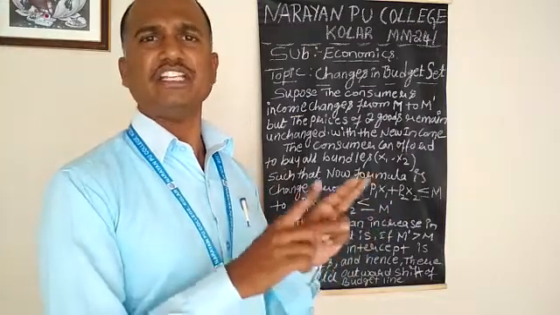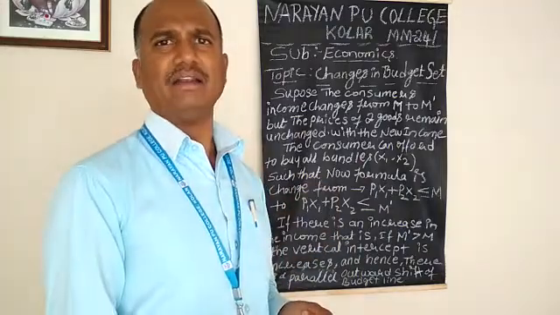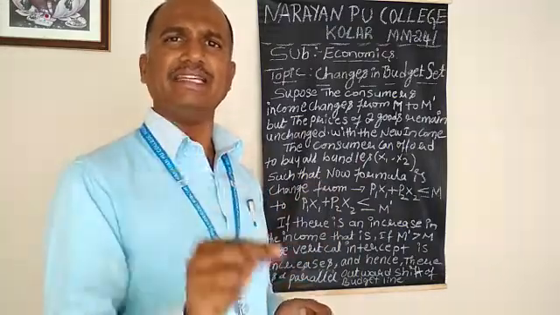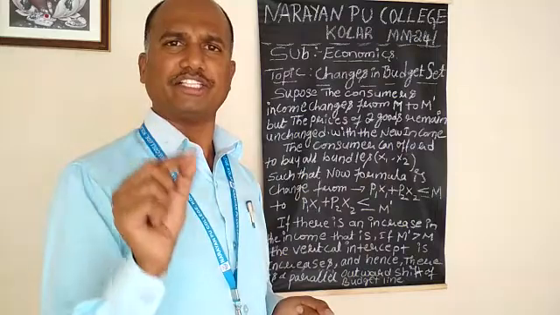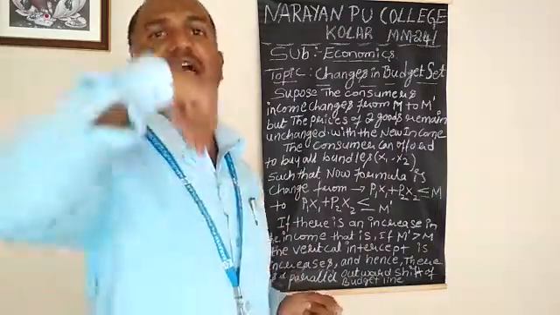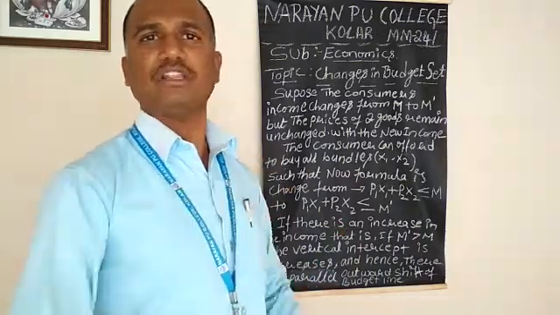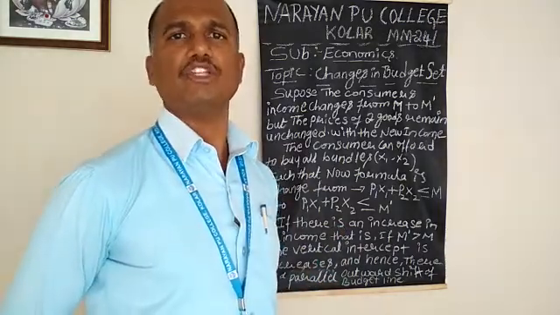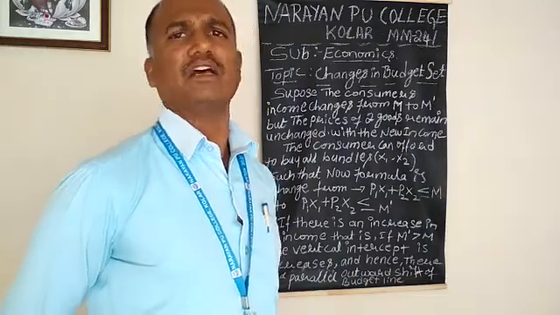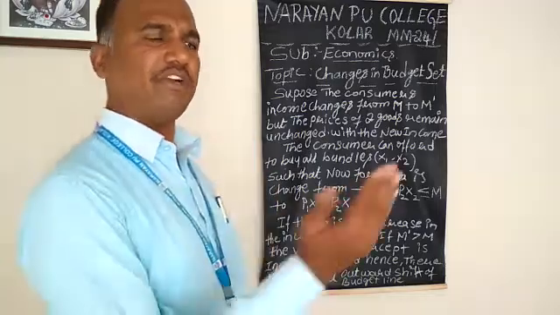Note that the slope of the new budget line is the same as the slope of the previous budget line, even with the change in the consumer's income. However, the vertical intercept of the budget line changes along with the consumer's income. Let's discuss that.